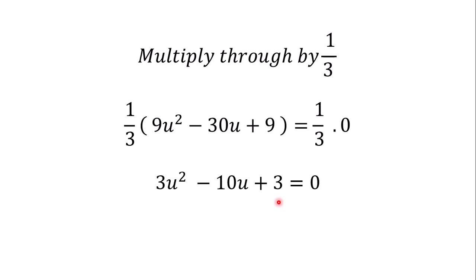So what are the factors of 9 that when you multiply give you 9, but when you sum up give you this minus 10 here? That is minus 1 and then minus 9. Okay, so you're going to replace this one with minus 9 and then minus 1. Alright, so here we're going to bracket this one and this, and also this and this. Okay.